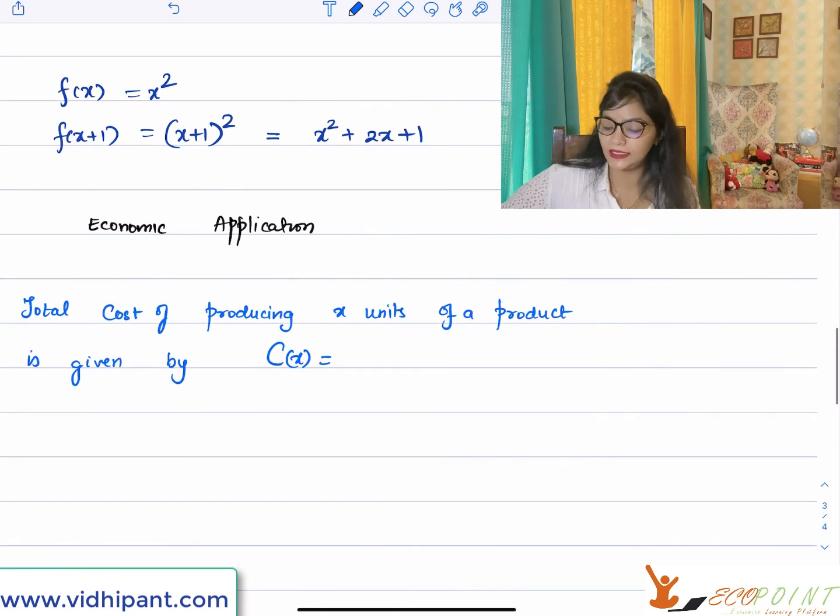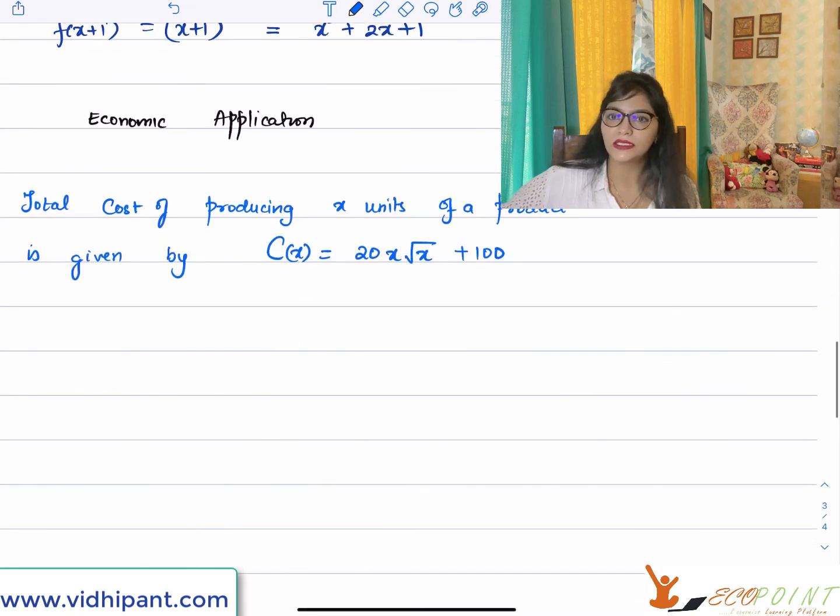So C of x, it's 20 times x into root x plus 100. So it's a function.